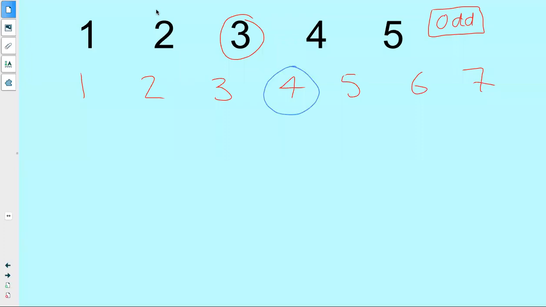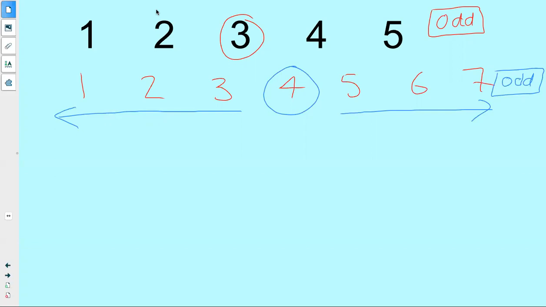Double check again, there's the same amount of members and values on the right hand side as there is on the left hand side, and there's 3 on the left and 3 on the right. And again, you'll notice that this is an odd number of values in this data set. So if there's an odd number, there is only one number that you will circle to find your median.